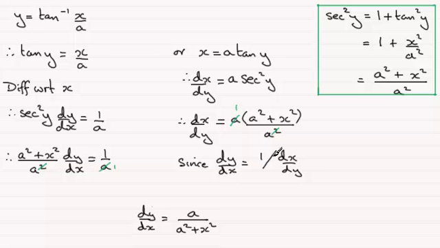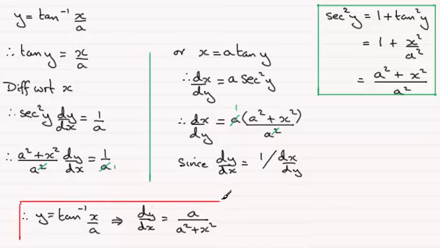So whichever version you take, let's just border that off, we can see that if y equals the inverse tan or arctan of x divided by a, then it follows that dy by dx equals a constant a, all divided by a squared plus x squared.